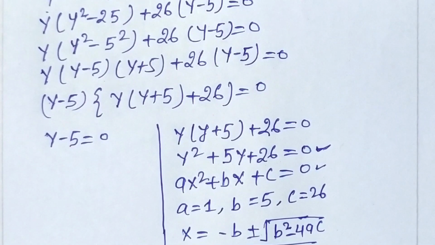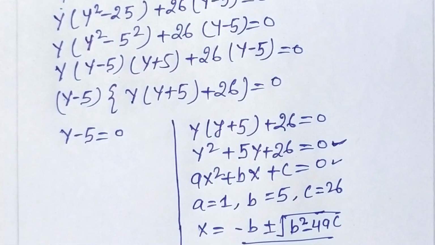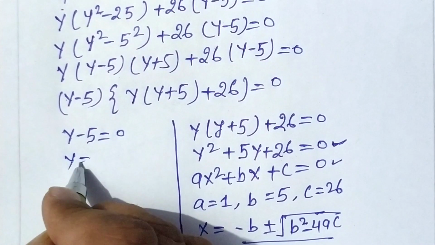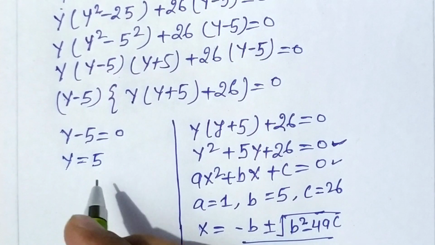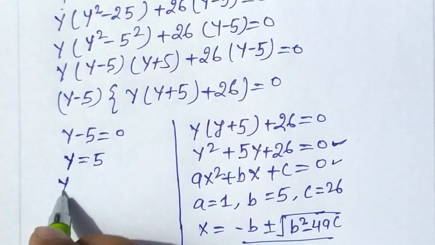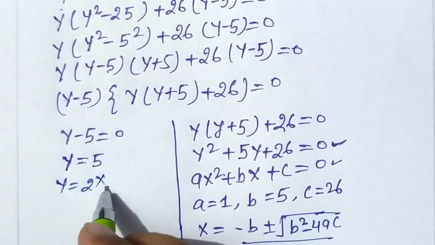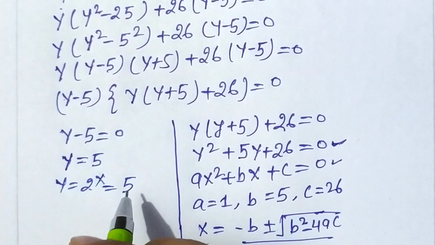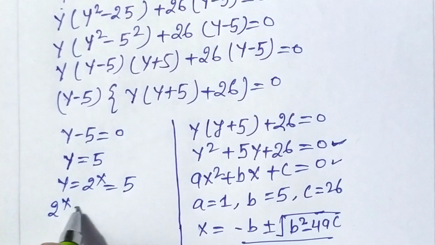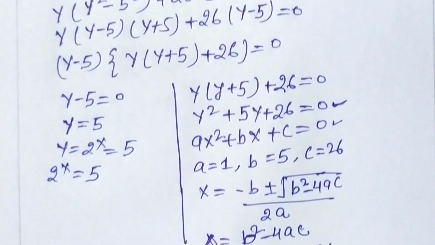Now, in the first case, y minus 5 is equal to 0 implies that y is equal to 5. We know that y is equal to 2 to the power of x, which is equal to 5. 2 to the power of x is equal to 5.